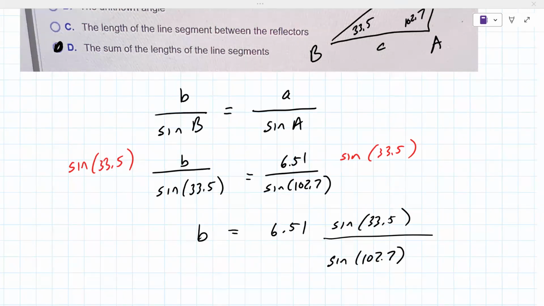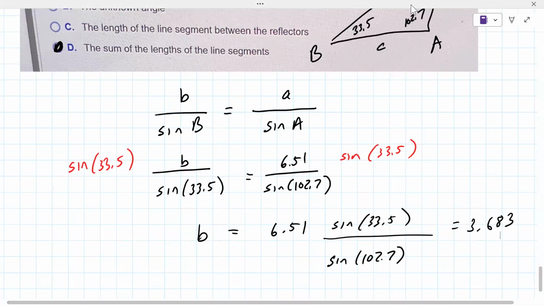So I'm going to go back to the calculator here. It ends up being 3.683, which is reasonable. It's the same order of magnitude as 6.51. It's not a ton bigger or a ton smaller.